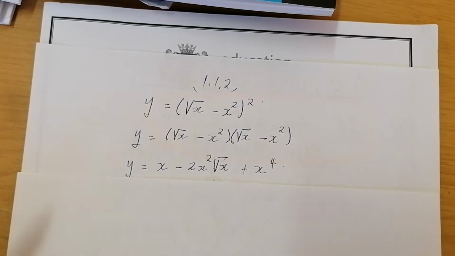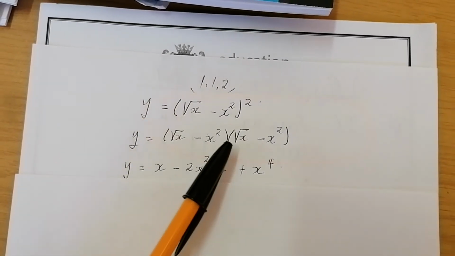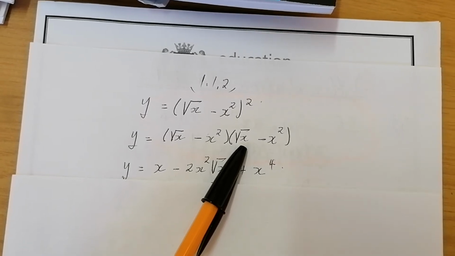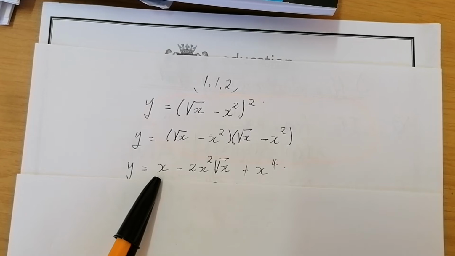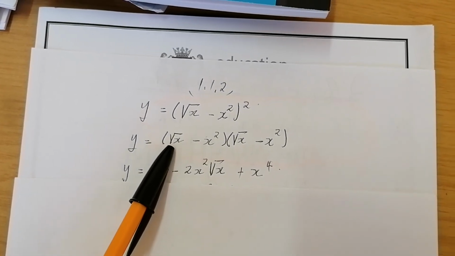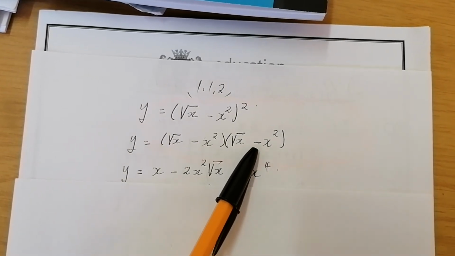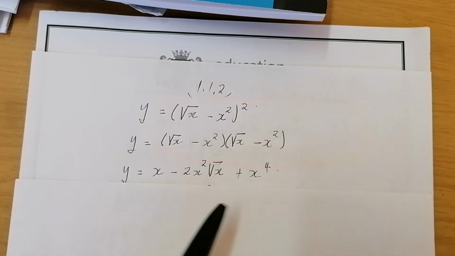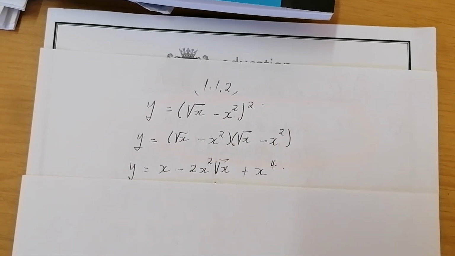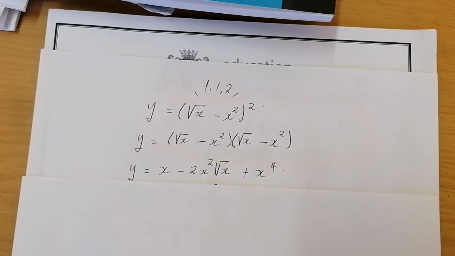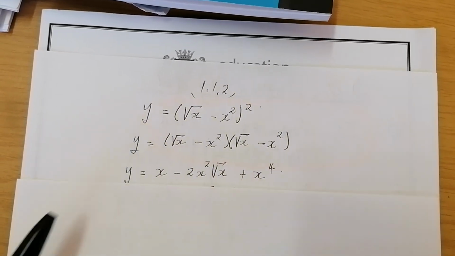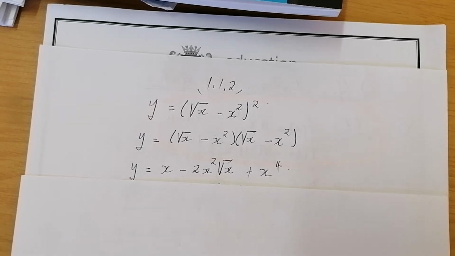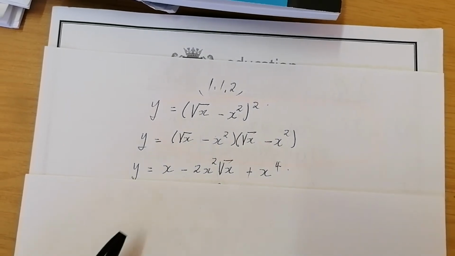If you multiply the two brackets, square root x multiplied by square root x is square root x squared, which is equal to x. Square root x multiplied by minus x squared is minus x squared square root x. Minus x squared multiplied by square root x is minus x squared square root x.